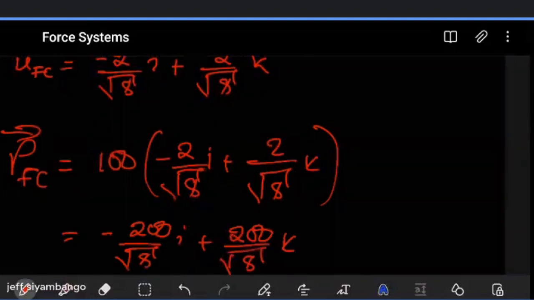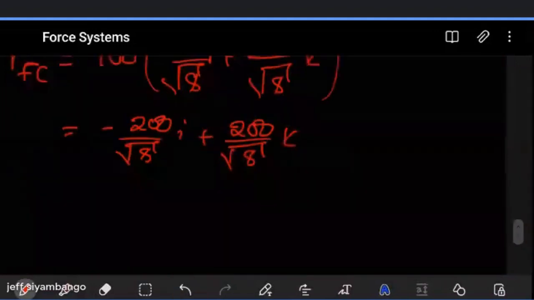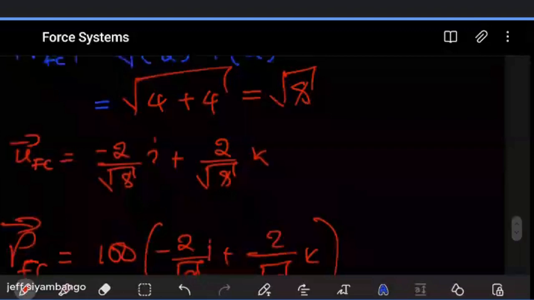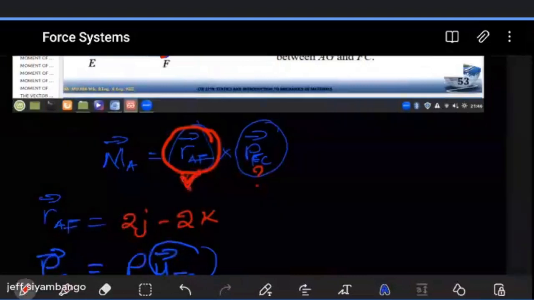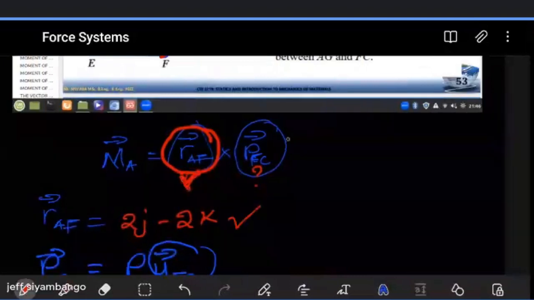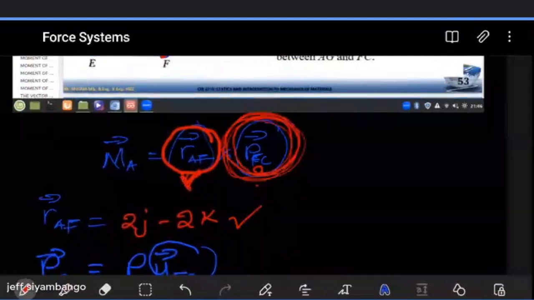The last thing now is to get the moment. Remember, while we were doing all this, we now have the position vector from A to F. It's the first thing that we got. The other part was to get the force in Cartesian vector form, and we have just obtained it.